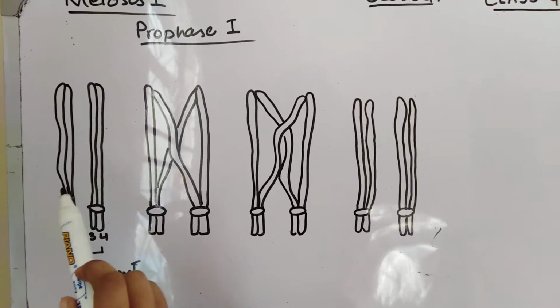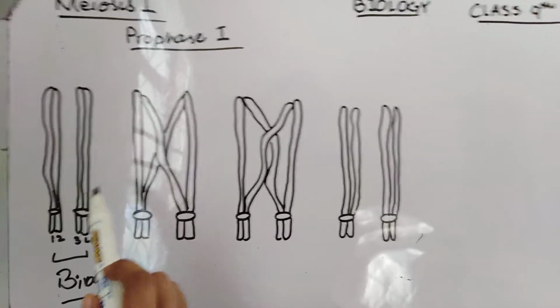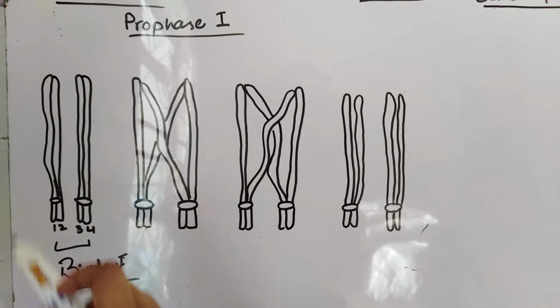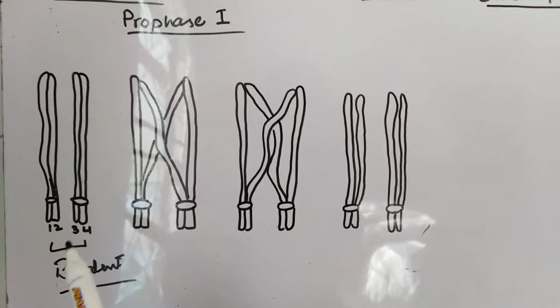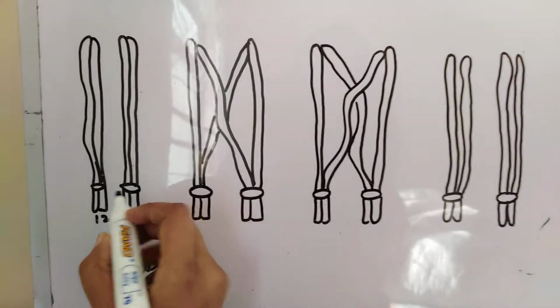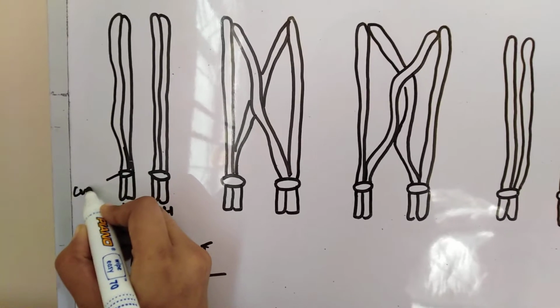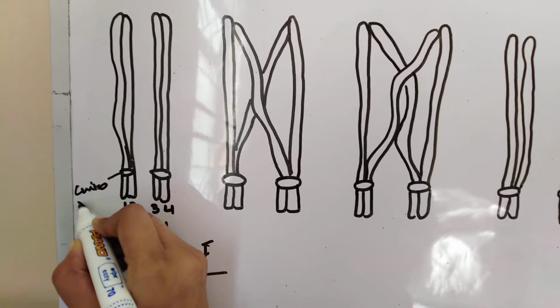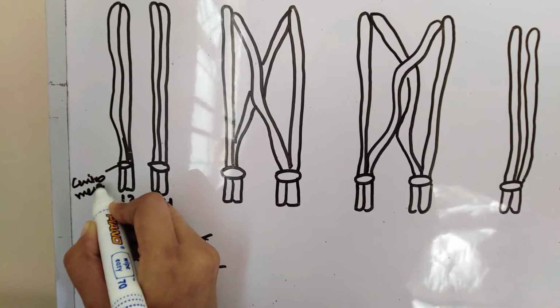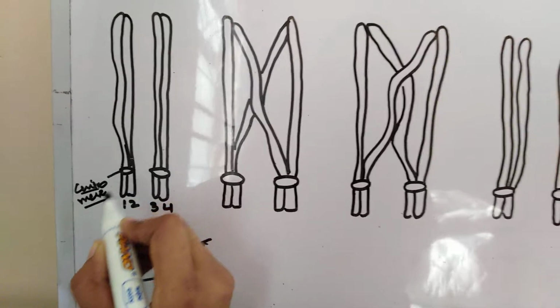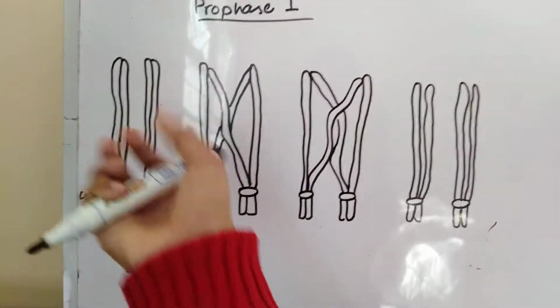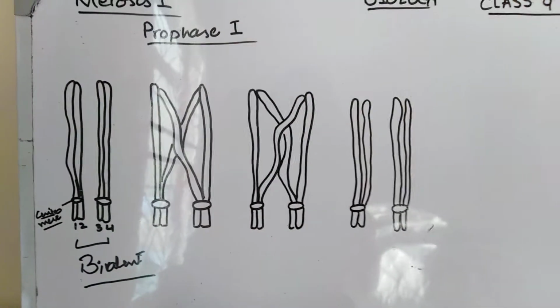This is one chromosome, this is a second chromosome, and together they are known as a bivalent, or a tetrad. The tetrad is connected at a point of attachment known as the centromere. The centromere is the point which holds these 2 chromatids together.